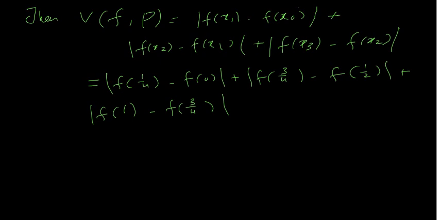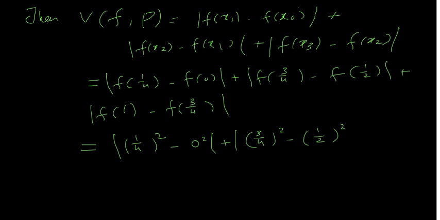Okay, that's equal to mod of f of 1 by 4, which is 1 by 4 whole square because f of x is x square, minus f of 0, 0 square, plus mod of f of 3 by 4, it's 3 by 4 whole square, minus f of 1 by 4, 1 by 4 whole square, plus mod of f of 1, which is 1 square, minus 3 by 4 whole square.